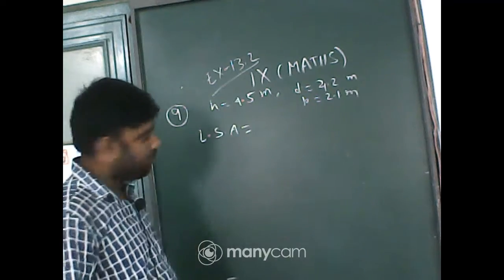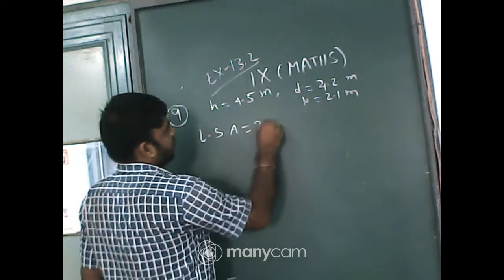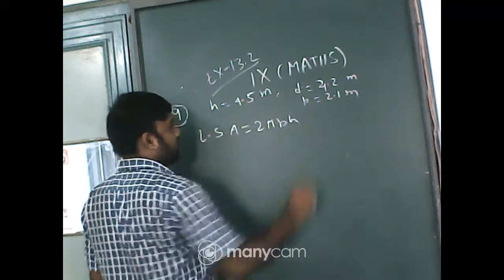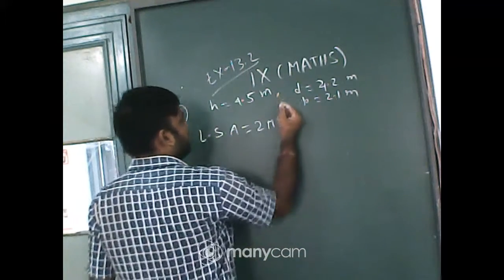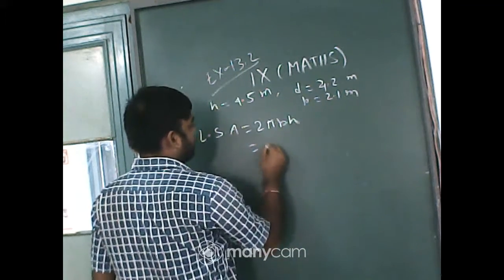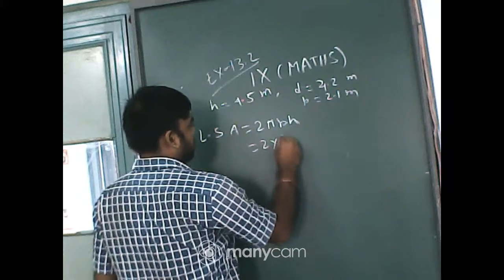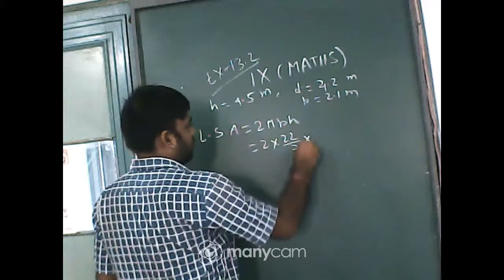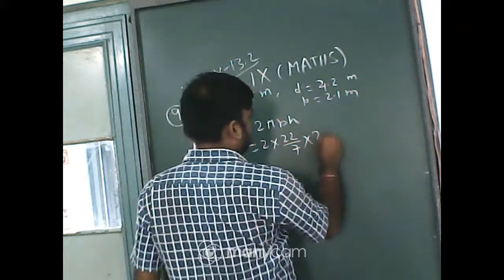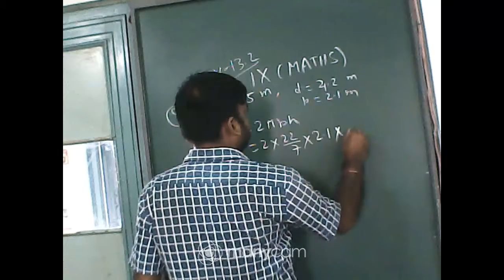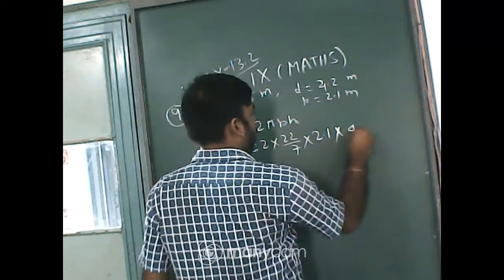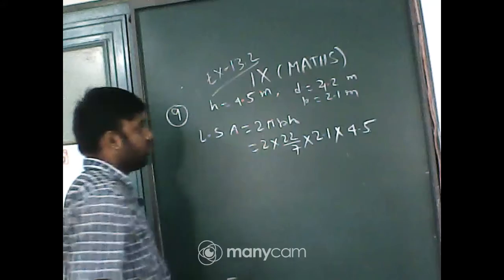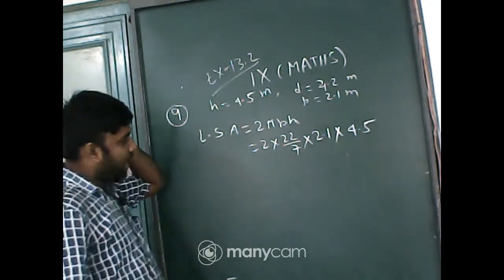Yes, 2 pi r h. 2 pi r h. Okay, so we have to multiply it.